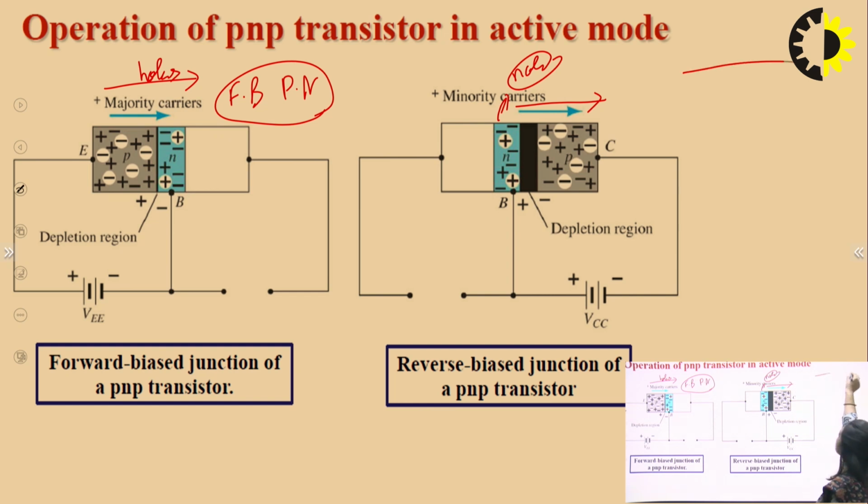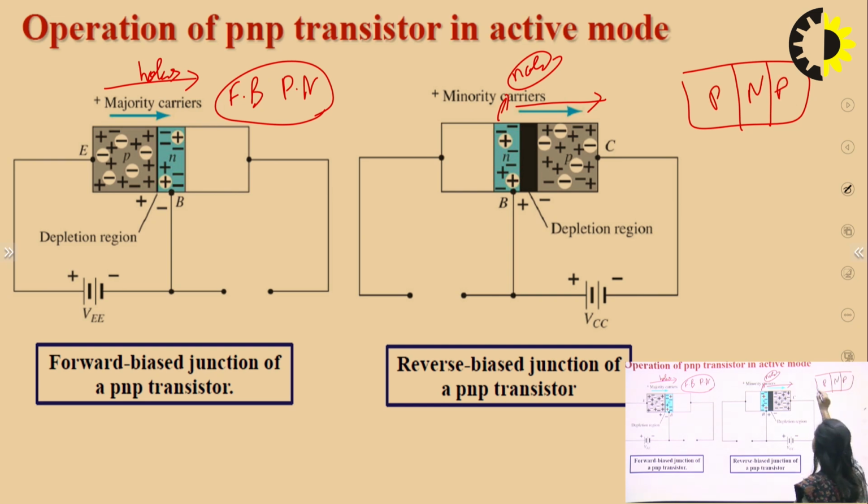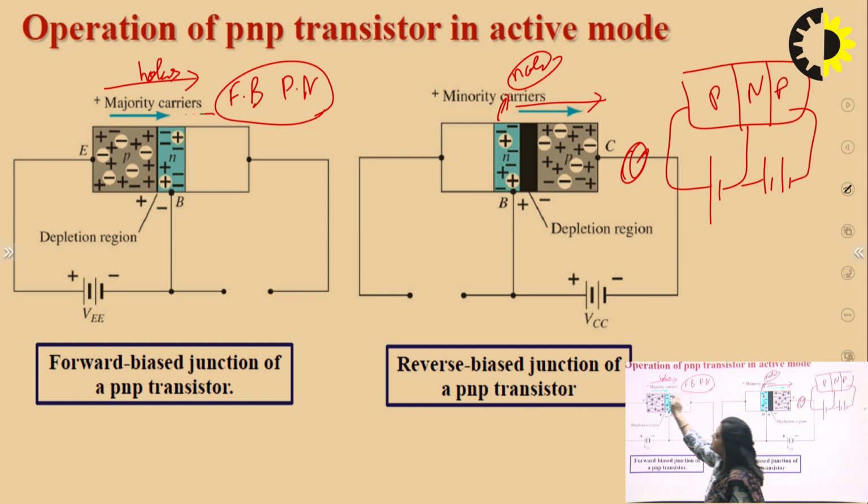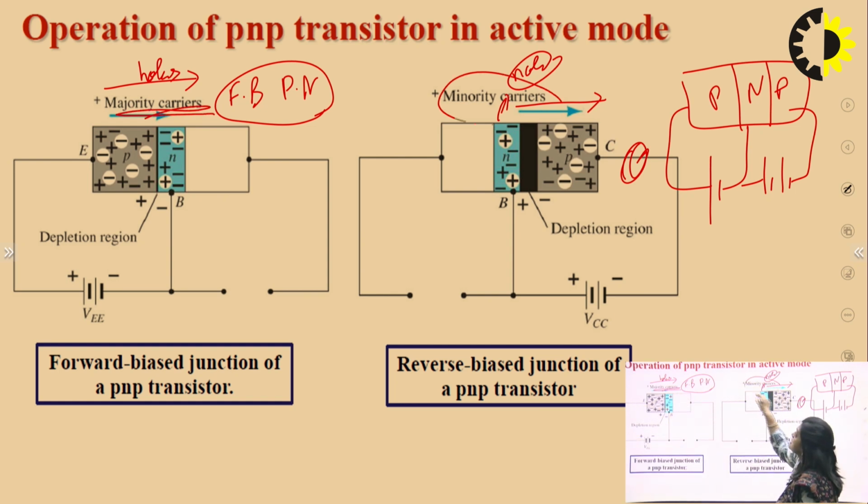When we combine these two diodes, it will form a PNP transistor. In the PNP transistor, this part is forward biased and this part is reverse biased, as indicated in this figure. When we combine these two, the final current will be due to the majority charge carriers coming from the emitter side, and also due to the minority charge carriers.